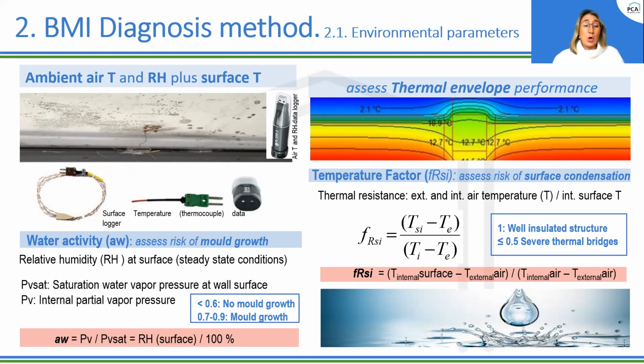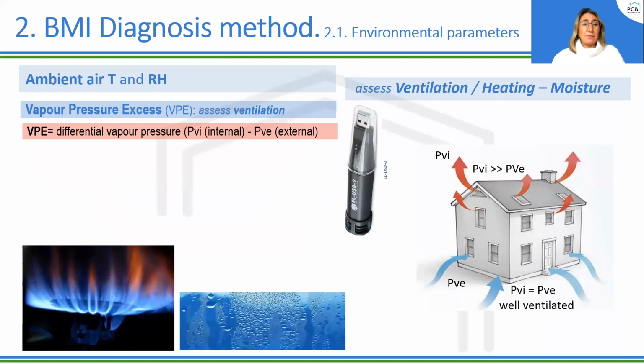So values below 0.6 or 60% RH correspond to no risk of mold growth, whereas values between 0.7 and 0.9, or 70 and 90% RH, correspond to having a risk of mold growth.